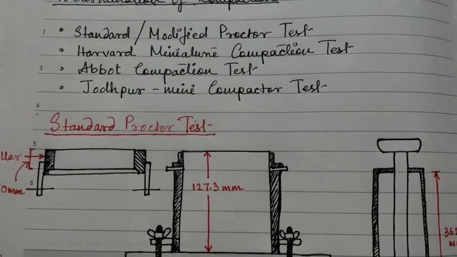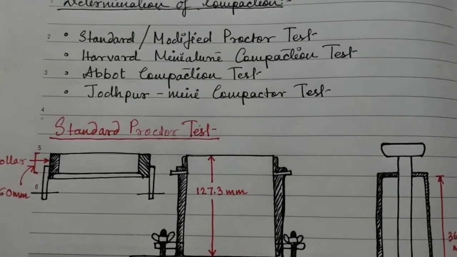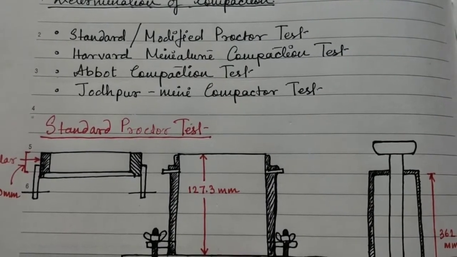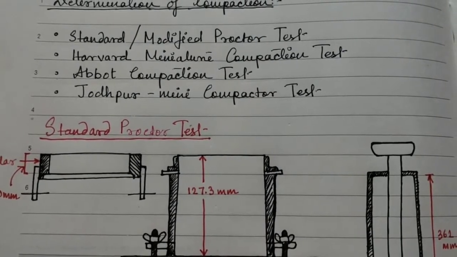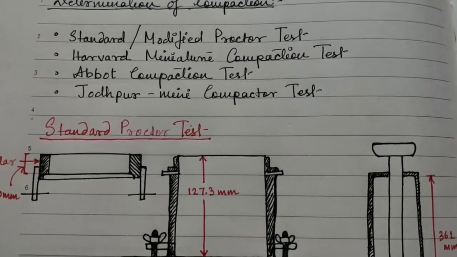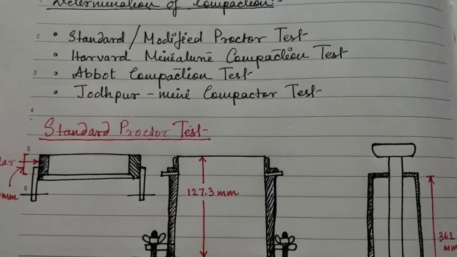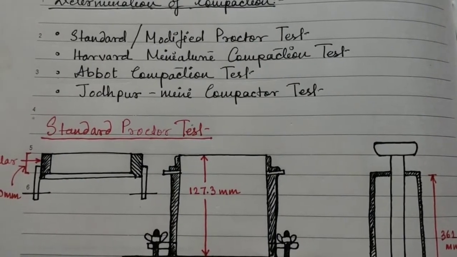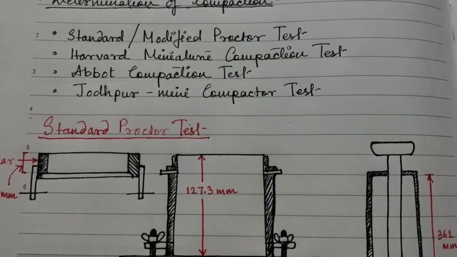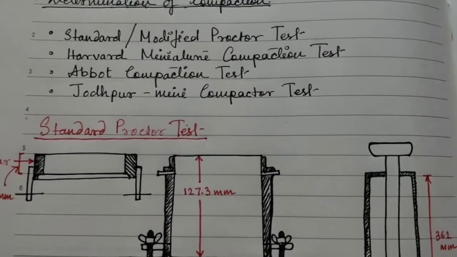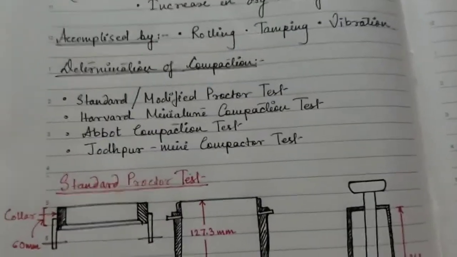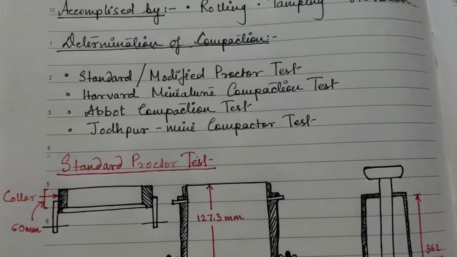The main purpose of compaction is to release all the air present in the voids so that the soil particles can come into closer contact and in a way increase the density, or they can be compacted together so as to take more load. So water mainly acts as an agent or a lubricant and helps the soil particles to rearrange amongst themselves. When we study the experimental part, water plays an important role in this test.